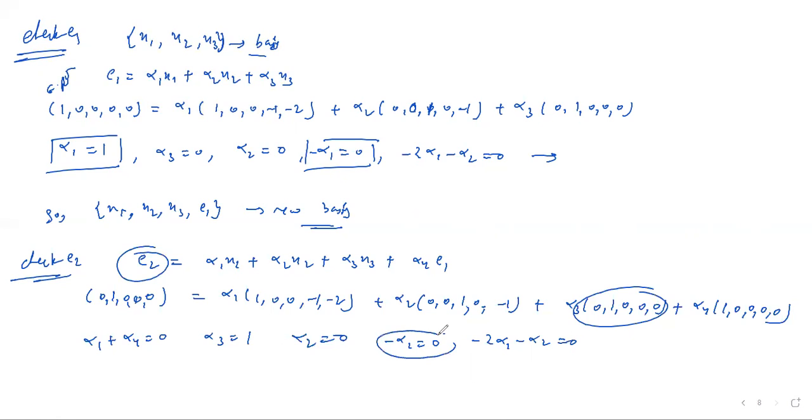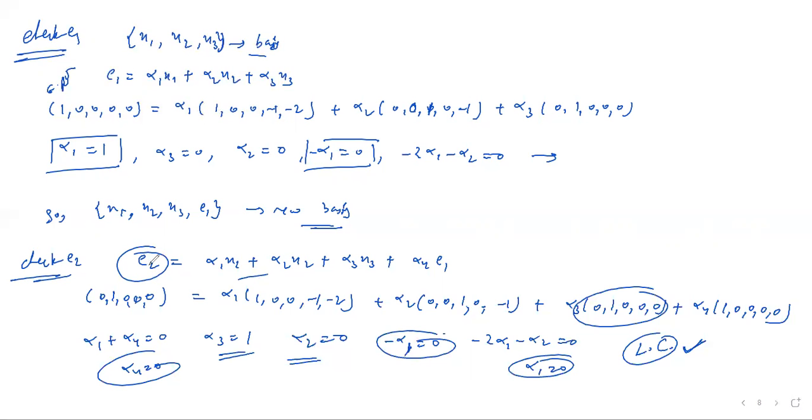So from this I got alpha 1 equals 0, alpha 2 equals 0, alpha 4 will be 0, and alpha 3 equals 1. So this is forming the linear combination, as this vector e2 is spanned by x1, x2, x3, e1. So the vector e2 with these vectors will not form the basis.